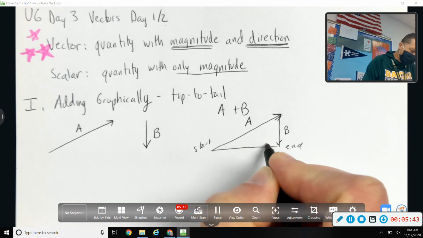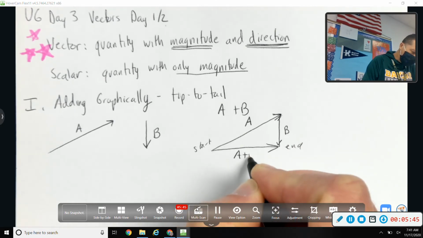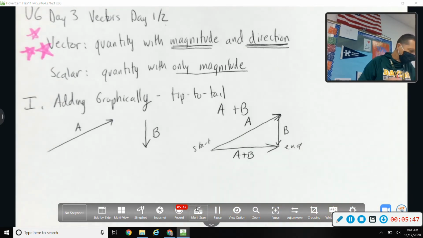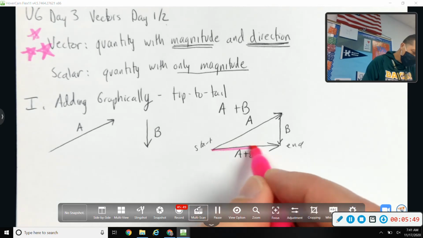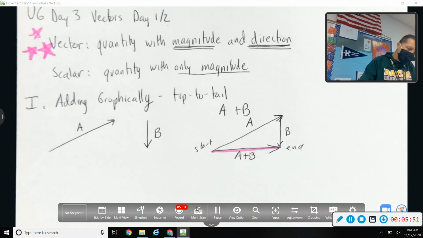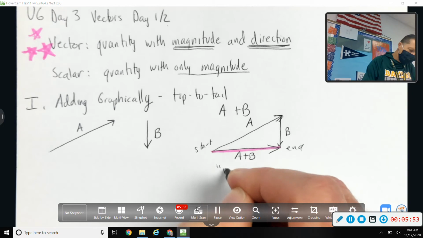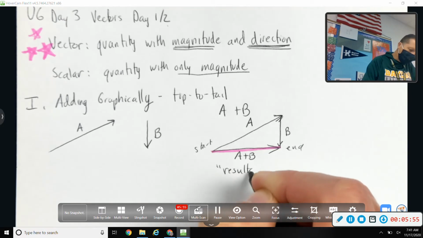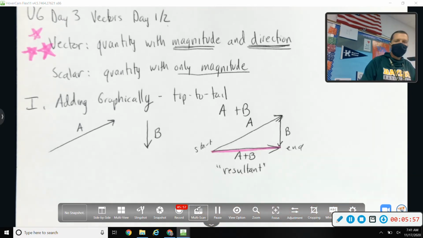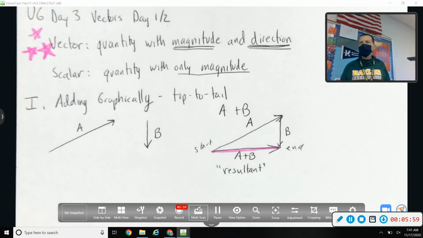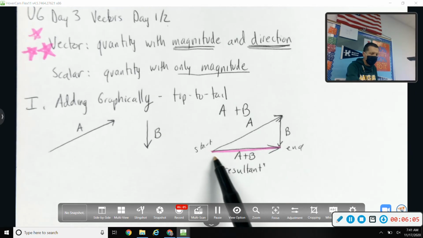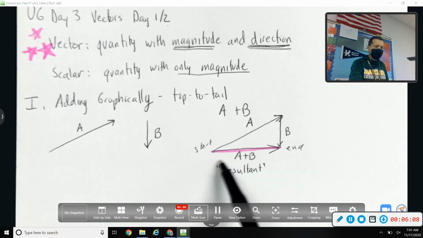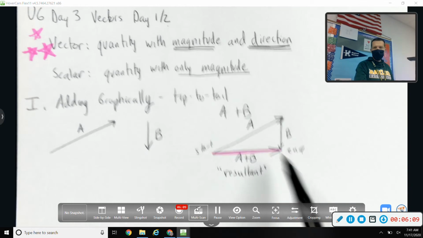This is A plus B. Sometimes called the resultant vector. I don't know why they don't just call it the result. It's the resultant. After you travel A and then travel B, sort of your overall distance from where you started is A plus B.